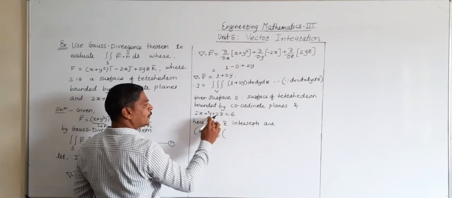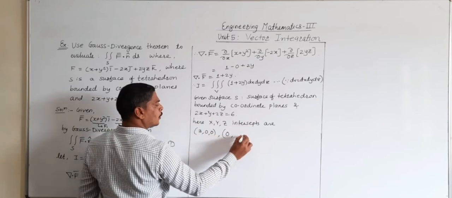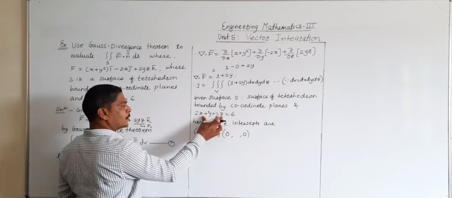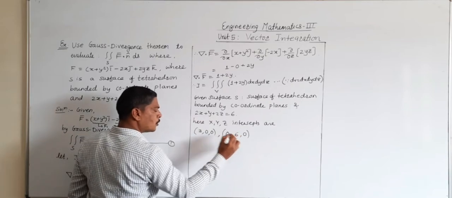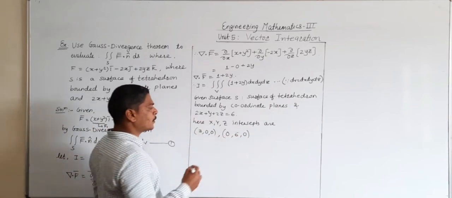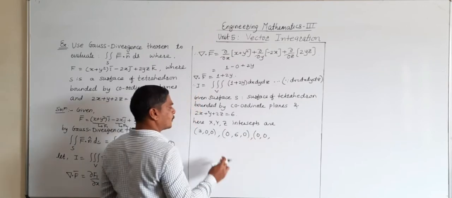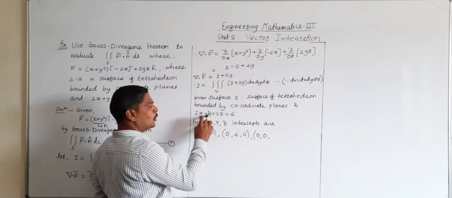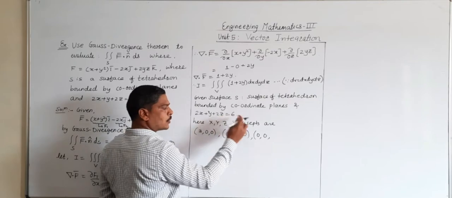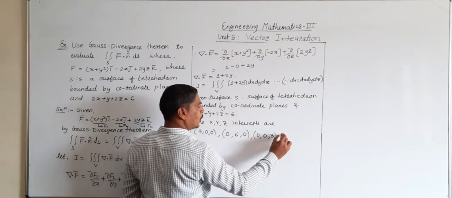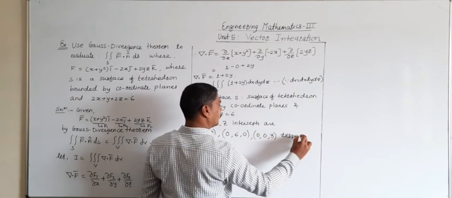For finding the y intercept, put x equal to 0 and z equal to 0 in this equation. We get y is equal to 6, so the y intercept becomes 6, and for finding the z intercept, put y and x equal to 0 in this equation. We get 2z is equal to 6, means z is equal to 3 respectively.